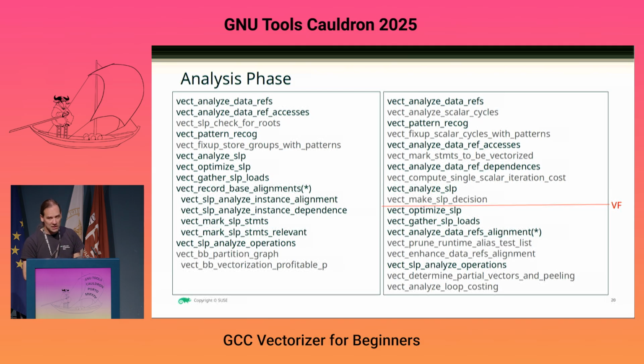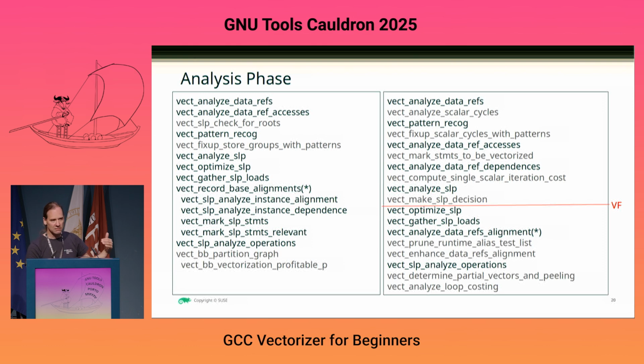On the basic block vectorization side, we then search through all the statements for related statements, like the group stores or the vector construction, from where we start the greedy build up of the SLP graph.